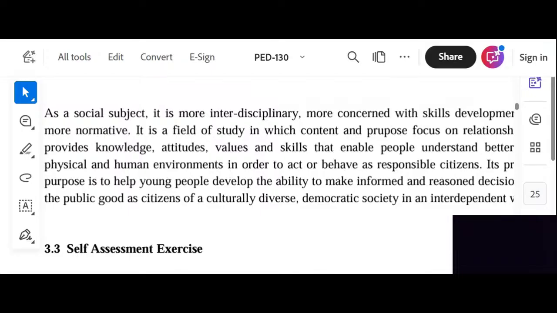When you teach about human to human relationship, for instance, you tell your pupils, when you see an elder, you greet them. That's how to relate to an elder. When an elder is talking, you keep quiet, you allow them to finish before you answer, only when they ask you a question.